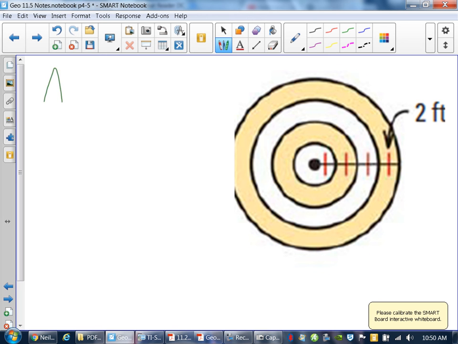You're going to find the area of the large circle, subtract out the area of the rest. And then to that, we'll add the area of the other yellow circle, subtract out the smaller rest. Each one of those chunks is 2, which gives you a radius going all the way out of how much?